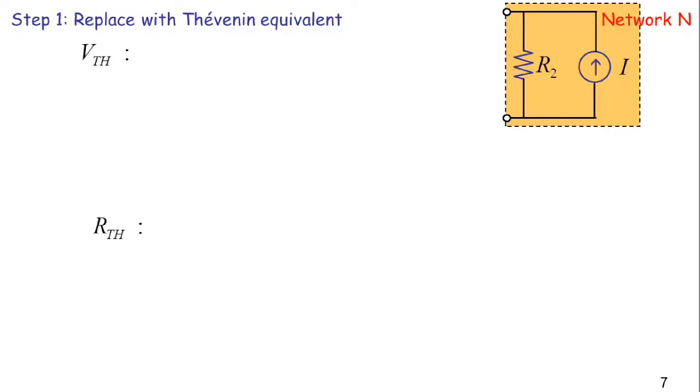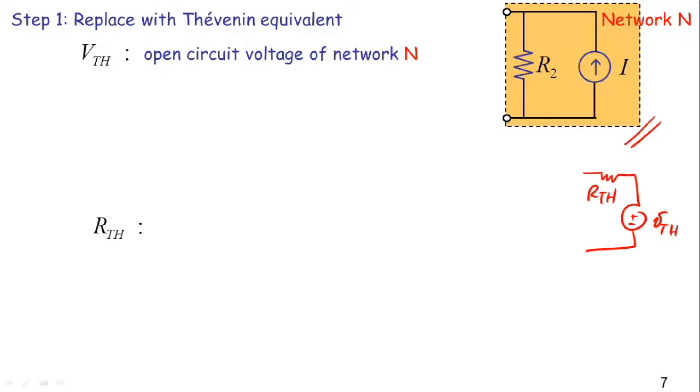Continuing with step 1 of the Thevenin method, I have my network N, and I need to find out VTH and RTH for that network N. Again, as a reminder, this is what I have for VTH and RTH. Let me first find out VTH. As I told you earlier, VTH is simply the open circuit voltage of the network N. How do I find out what the open circuit voltage of that network N is?